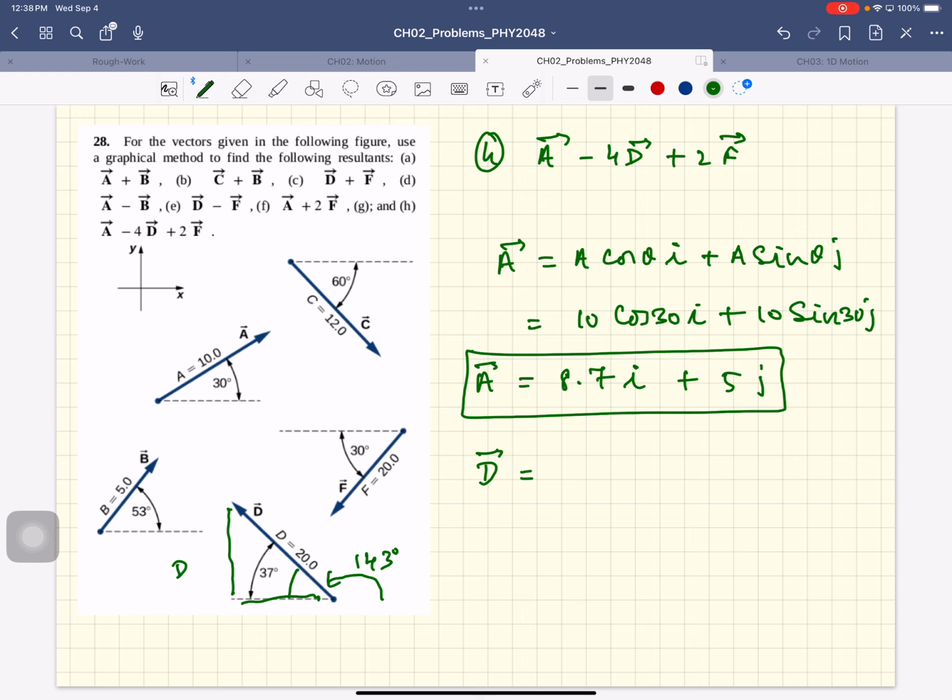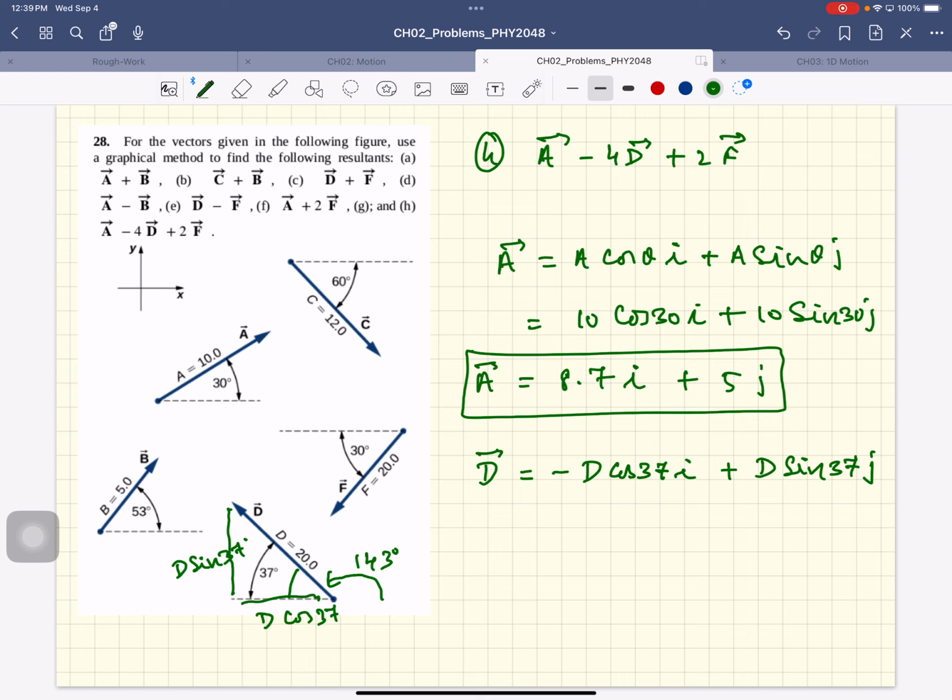This is the opposite side, D sine 37. And what is this distance? D cosine 37. That is in the second quadrant, so that will be a negative x component and a positive y component. So D is minus D cosine 37 i plus D sine 37 j, putting the sign in by hand.